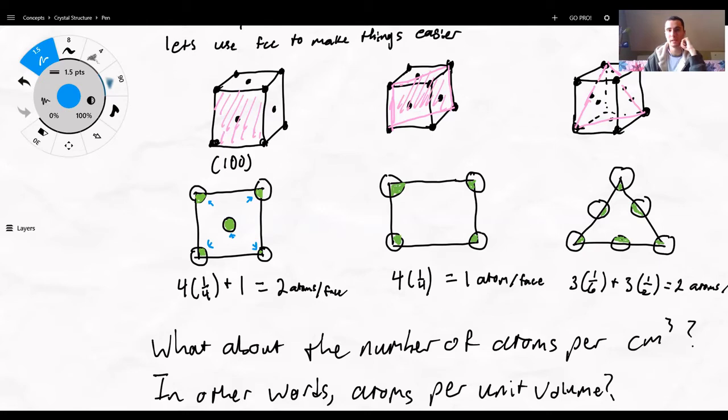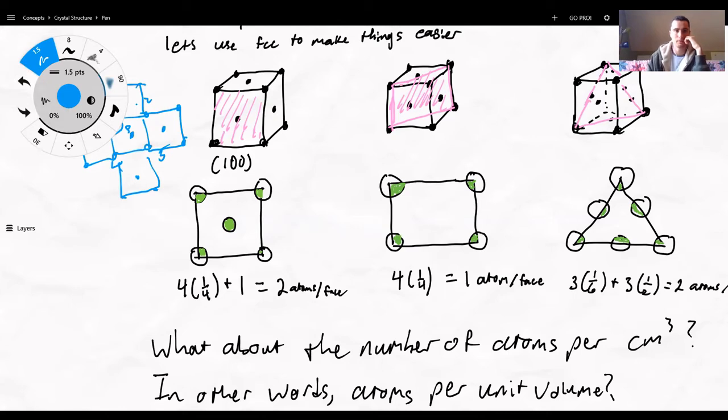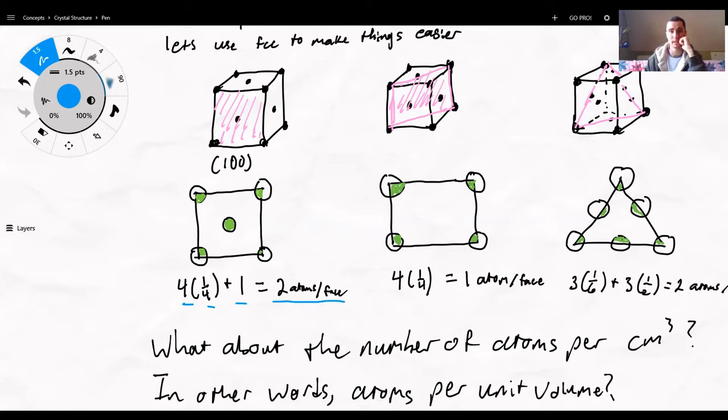Right, that center atom is going to be completely unique to that unit cell. So we have 4 of the quarter atoms and then 1 of the center atoms, which gives us 2 atoms per face. Right, so it's a little non-intuitive.